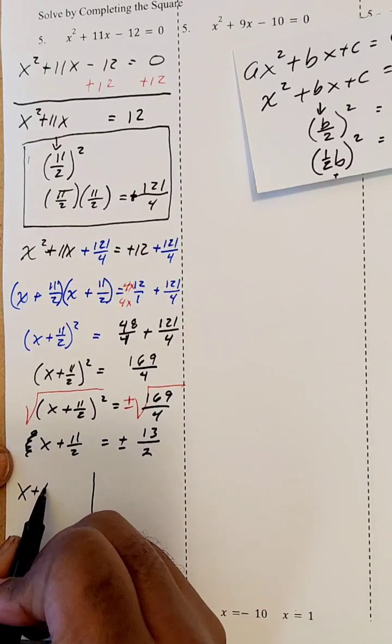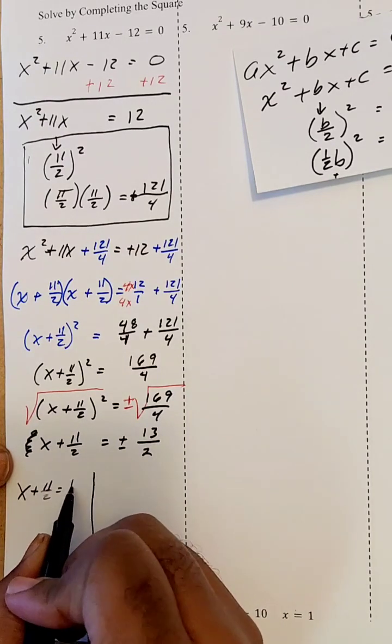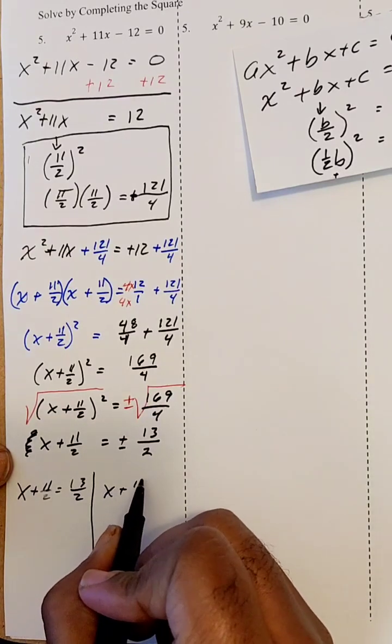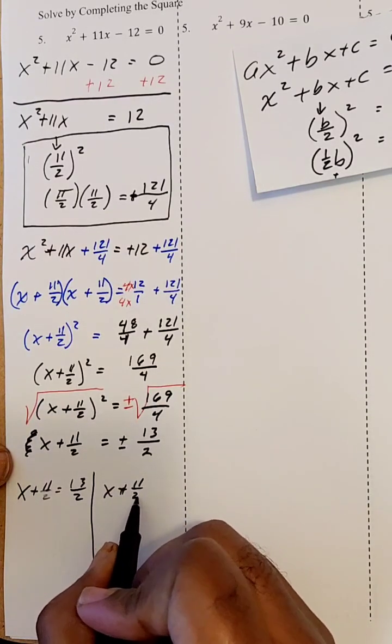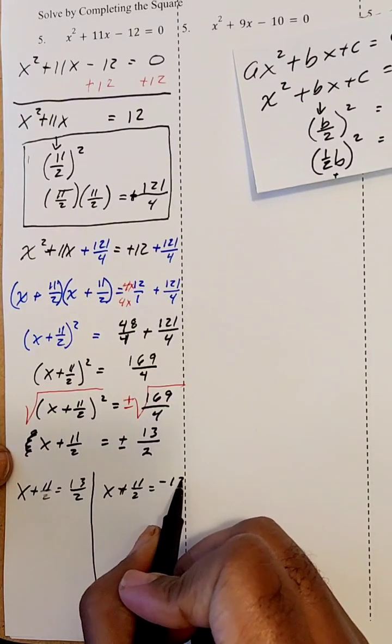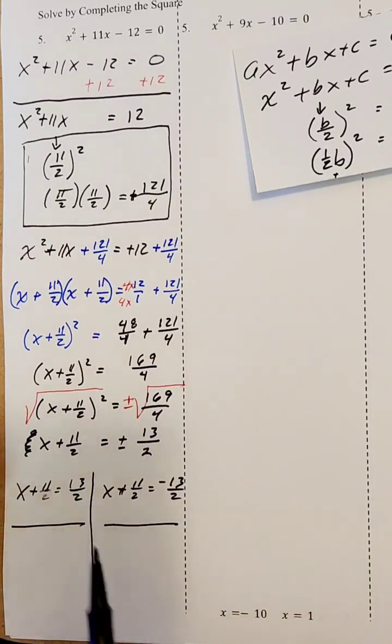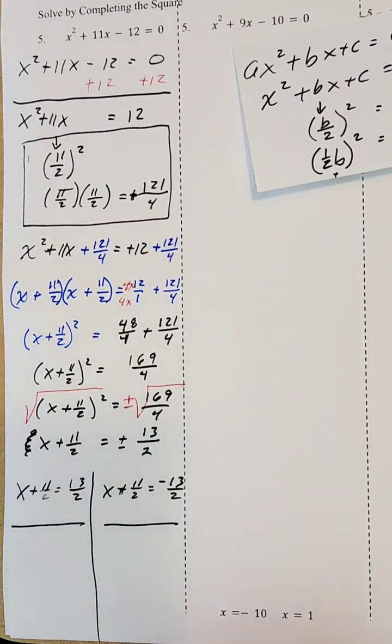The x plus 11 over 2 will equal the 13 over 2. And the x plus 11 over 2 on the right side will equal the negative 13 over 2. All right, now I'm going to subtract the 11 over 2 from both sides.